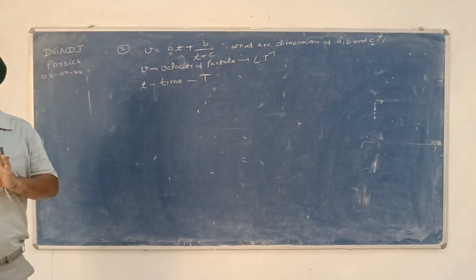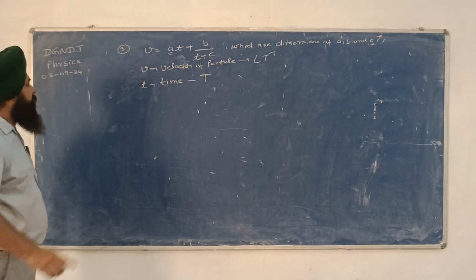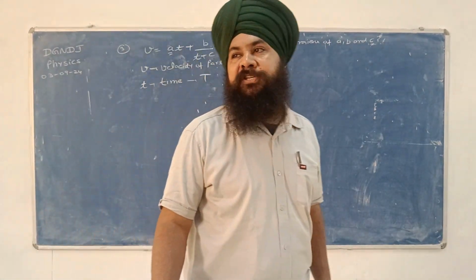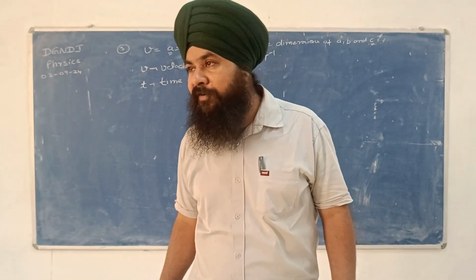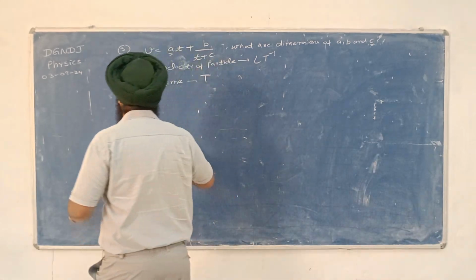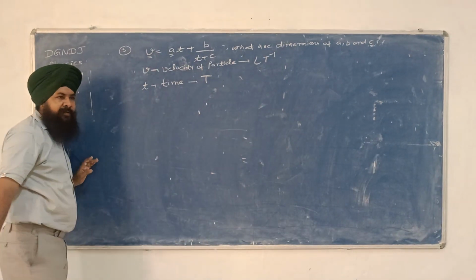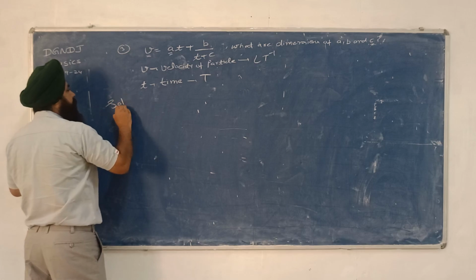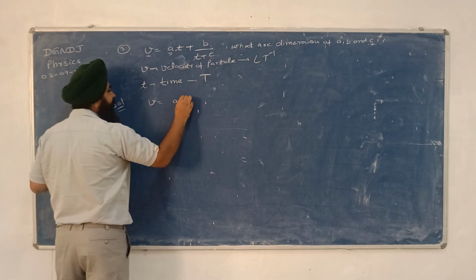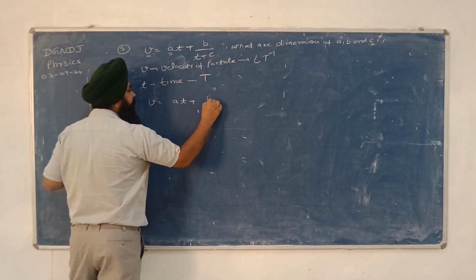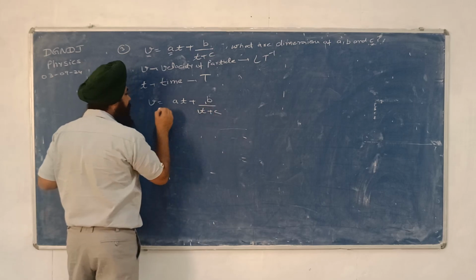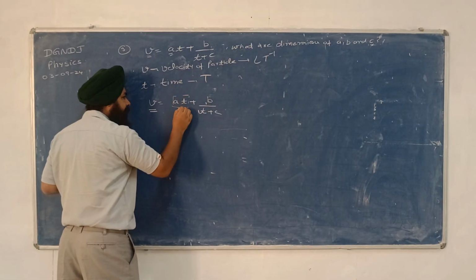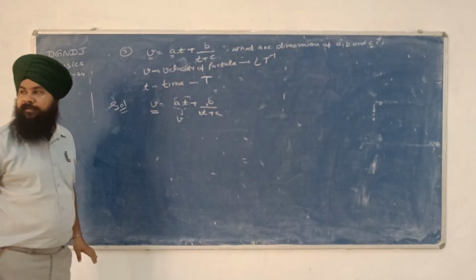Okay. Yes, sir. Now we have to apply the principle of homogeneity. Now see, if this is velocity, V is equal to AT plus B by T plus C. If this is velocity, it means this is also a velocity.